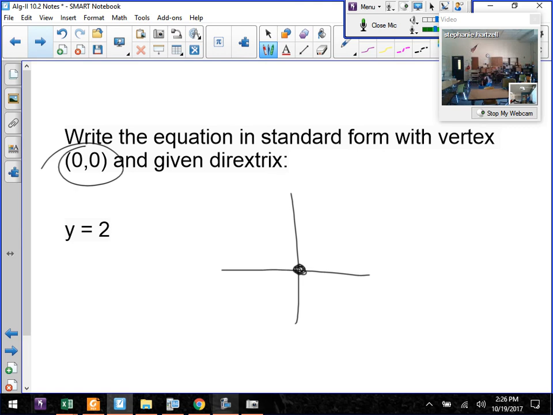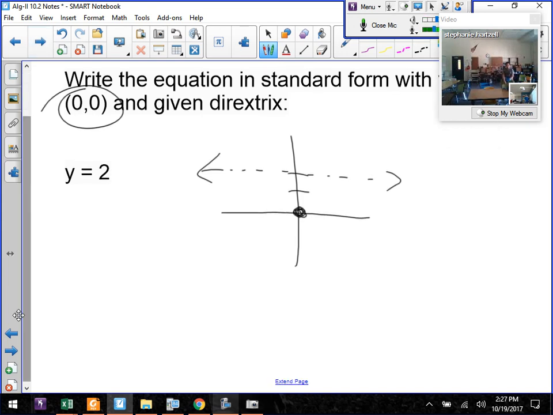Y equals 2. Where does that go? It's a horizontal line at 2. So if my directrix is there, what direction does the parabola have to open? Downward.